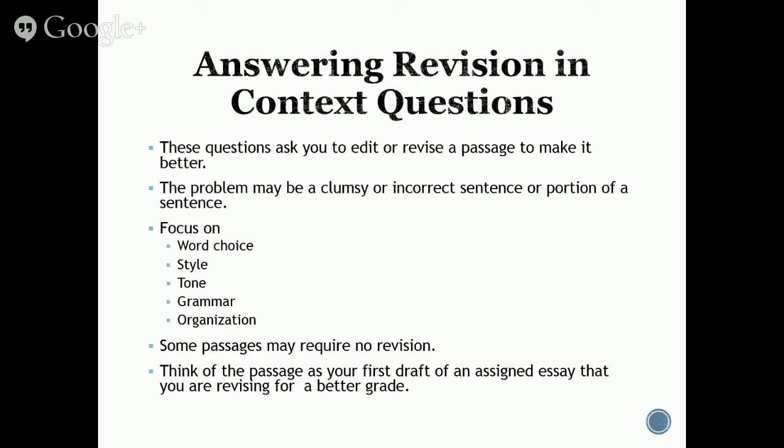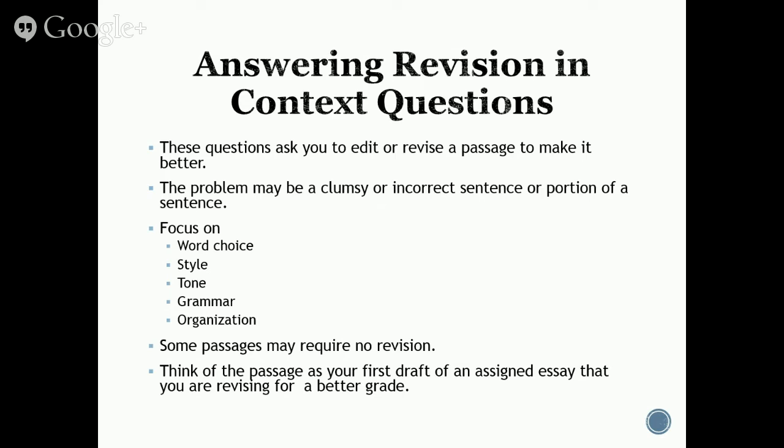Answering revision and context questions. These questions ask you to edit or revise a passage to make it better. It's usually going to be about a 100-word passage, and it may be a clumsy or incorrect sentence that's mixed among the passage. Focus on word choice, style, tone, grammar, and organization. Some passages may not have any revision to it.